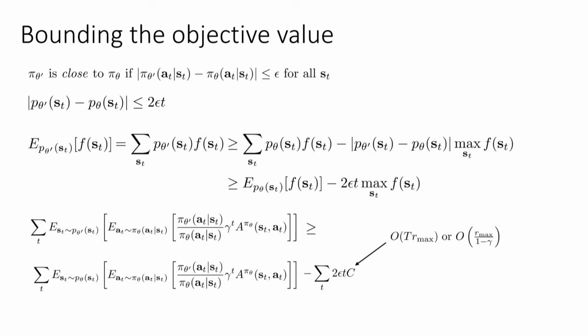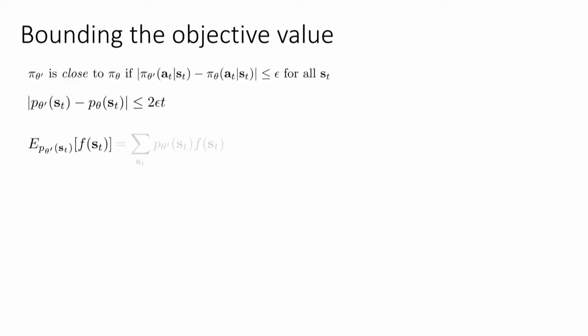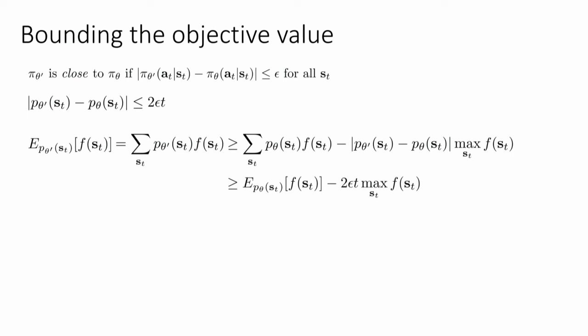OK, does anybody have any questions about the bound that we've derived here? Yes? When you derived it on the board, you had a less than or equal to and a plus. You sort of erased it. The thing I erased, OK. But up on the screen, it's greater than or equal to. OK, so are you talking about this or the next slide? Next slide. So you separated, you added and you subtracted p theta of s.